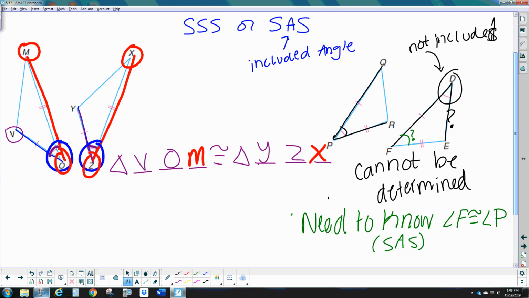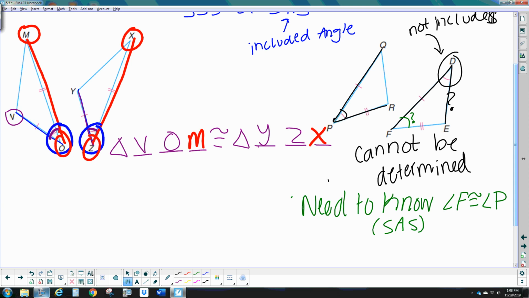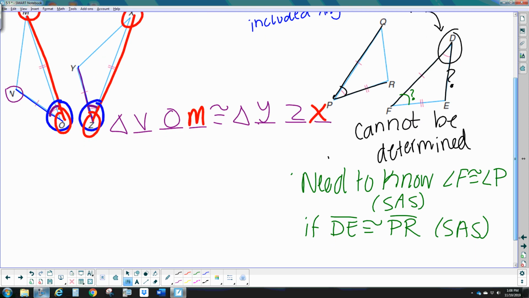Also, if I knew that DE was congruent to PR, I could use side, angle, side.